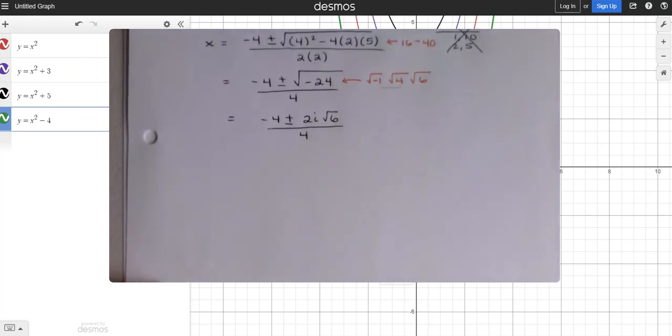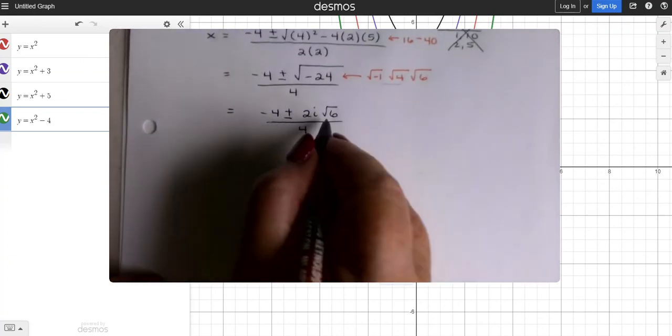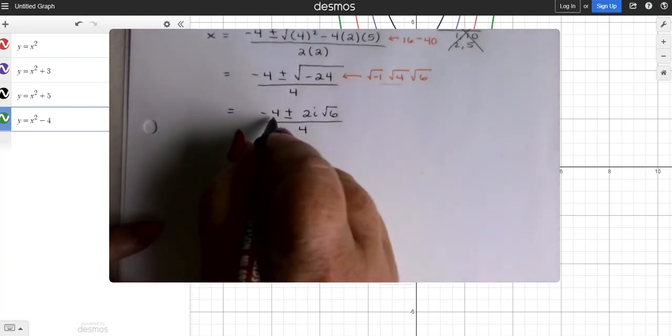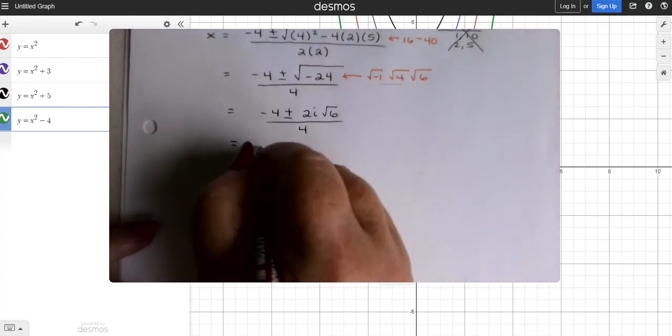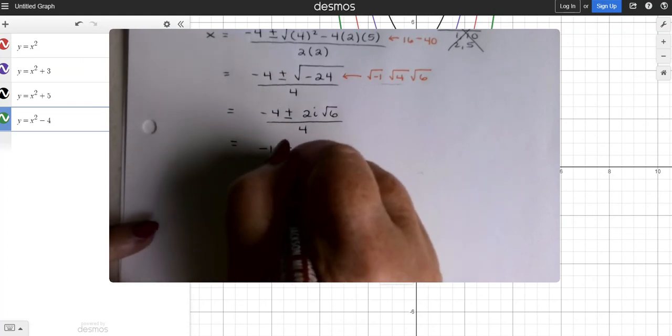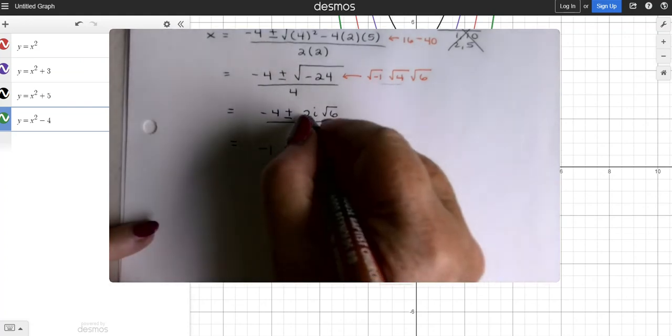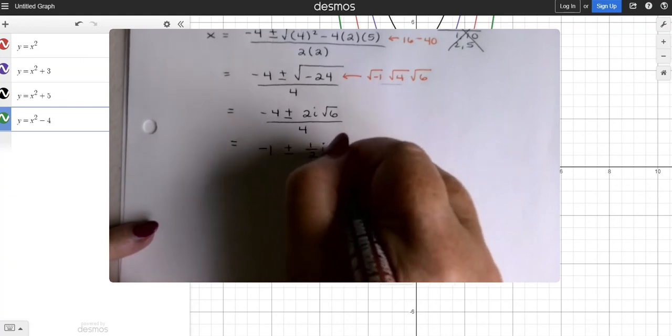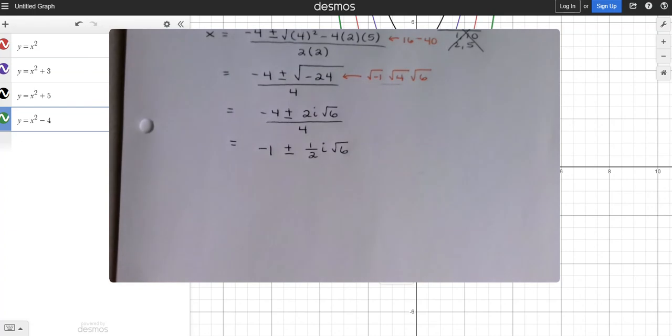And anytime I've got a complex number with the real and the imaginary parts, I always write them separately. So I'd have negative 4 divided by 4 would be negative 1, plus or minus 2/4, I could reduce that to 1/2 i times the square root of 6. Right? Those are the zeros of the function.